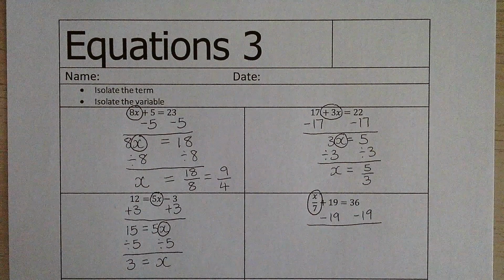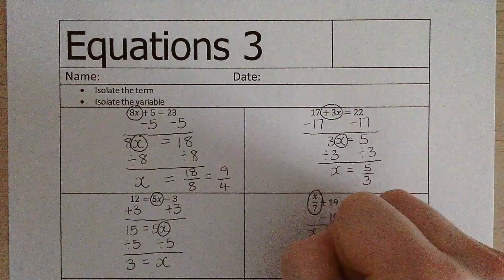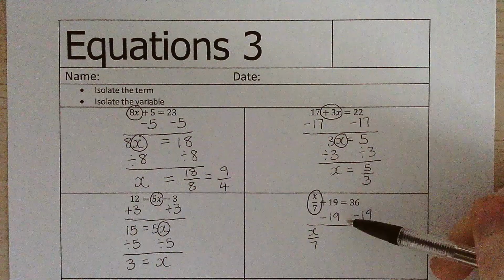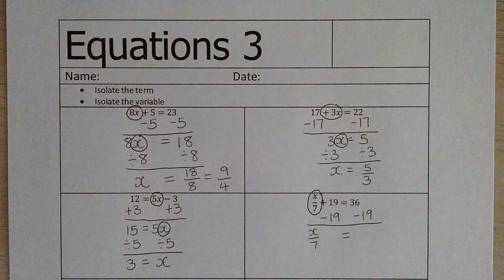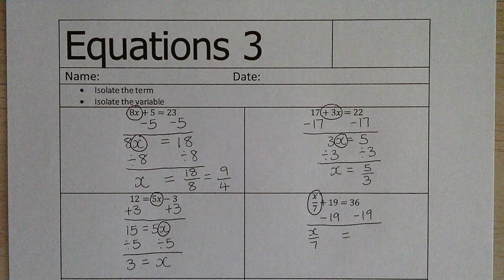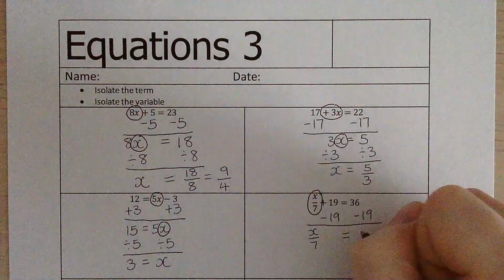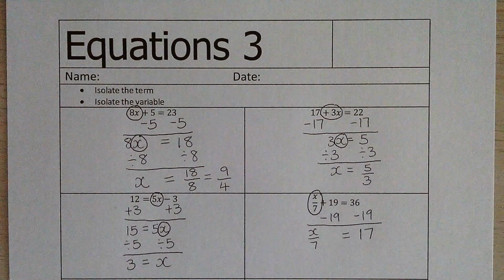The x divided by 7 will drop down. Positive 19 take away 19 cancels. Our equal sign drops down. And 36 take away 19 is equal to 17.